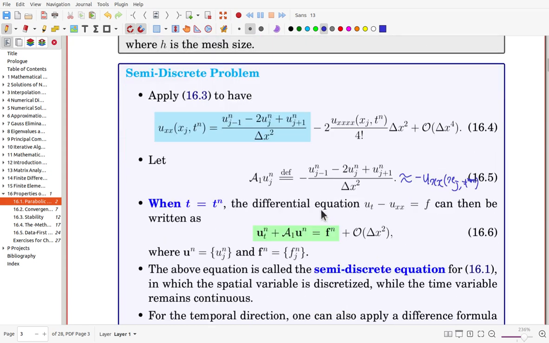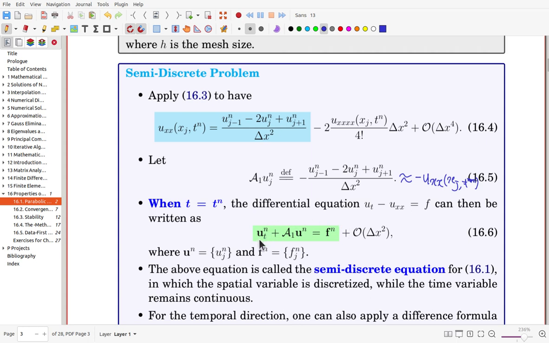When t is t_n, the original PDE can be rewritten in this way: u_t at t_n plus A1 u at t_n equals f at t_n plus this remainder. We now write these two terms into this one.